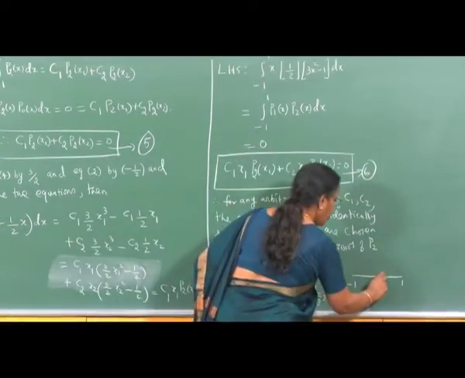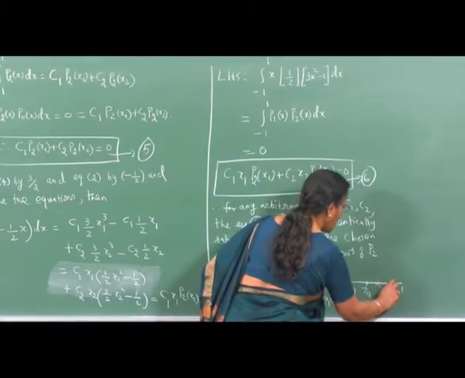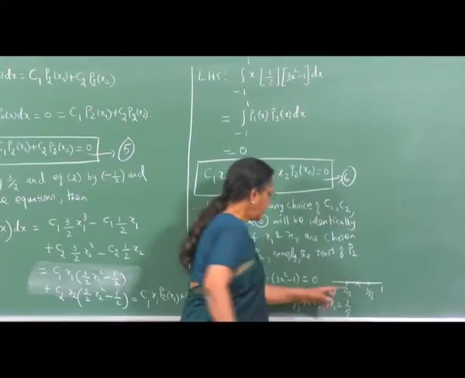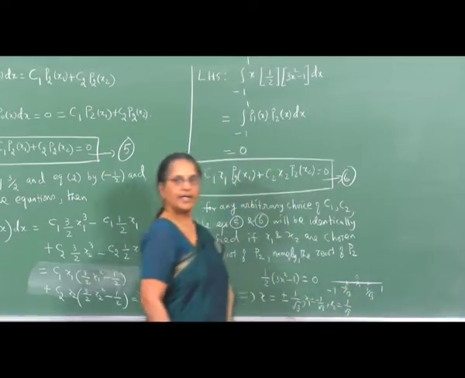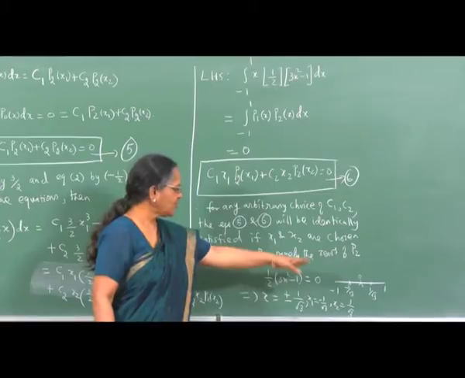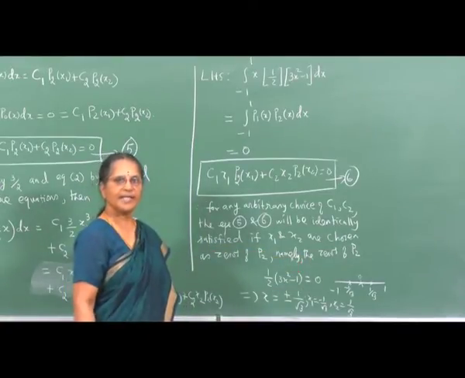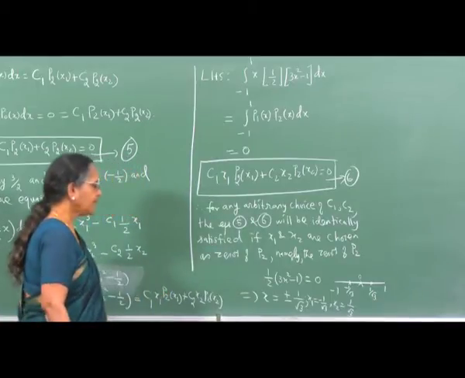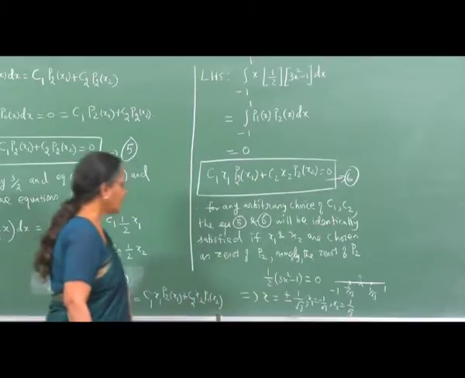So, these two nodes lie in the interval minus 1 to 1 and they are located symmetrically about the origin, and both these nodes are interior points. They lie within the interval minus 1 to 1. So, we have determined x1 and x2.